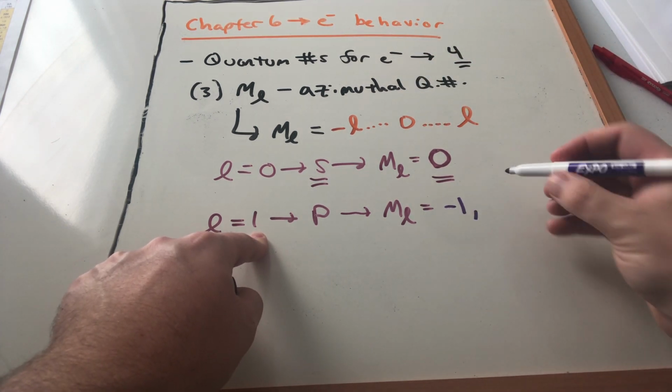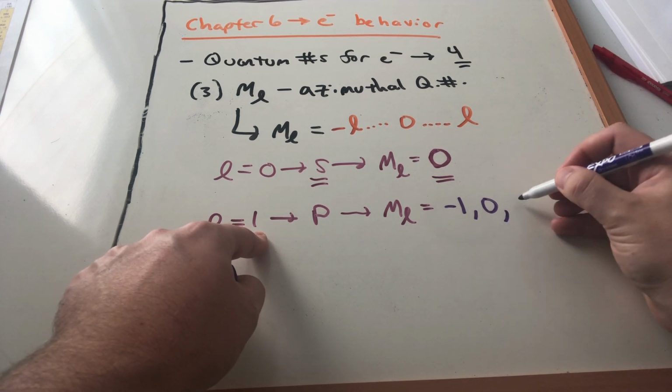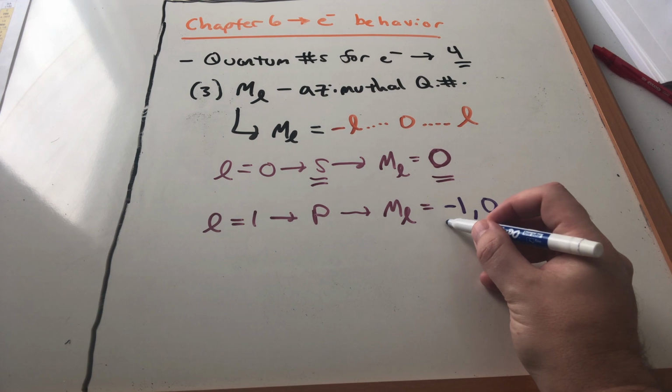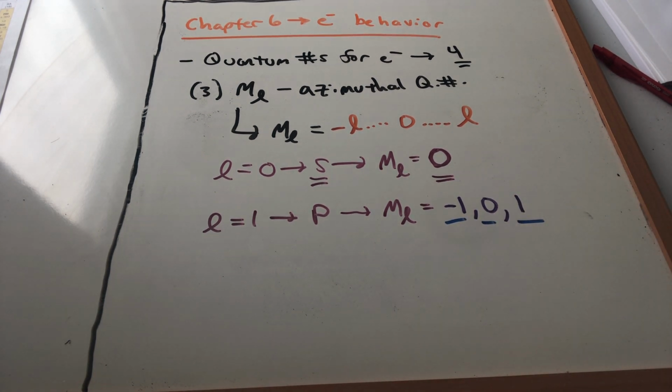Negative 1 plus 1 is 0. Then I stop once I get to positive L, which is 1. So now we see why this gives us the number of orbitals. How many m sub L's do we see? I see 1, 2, 3 different m sub L's.